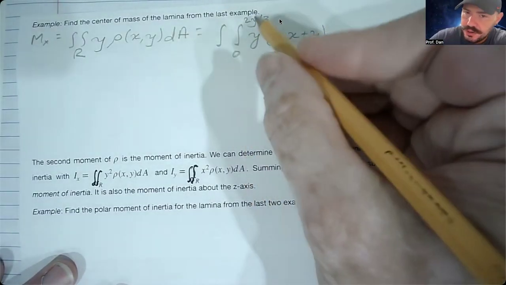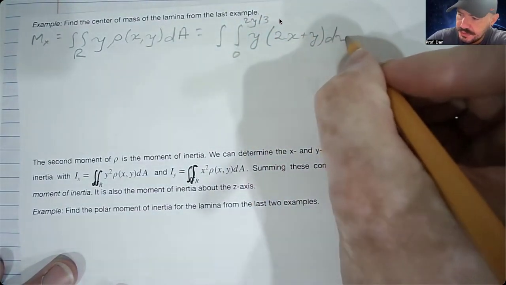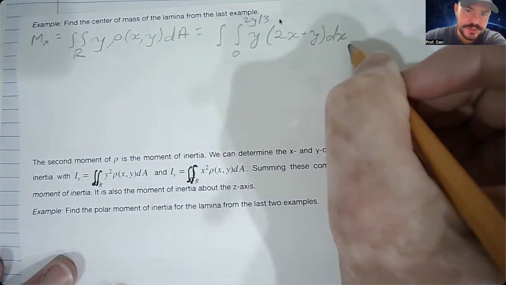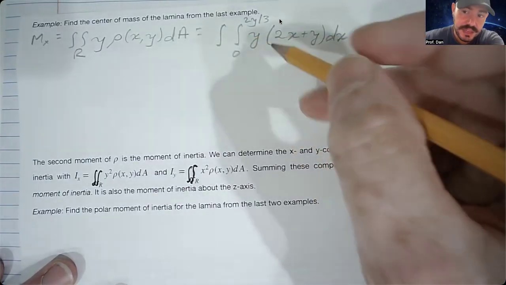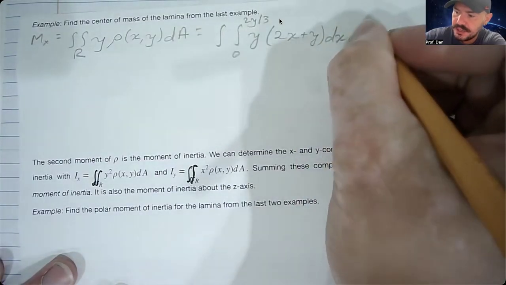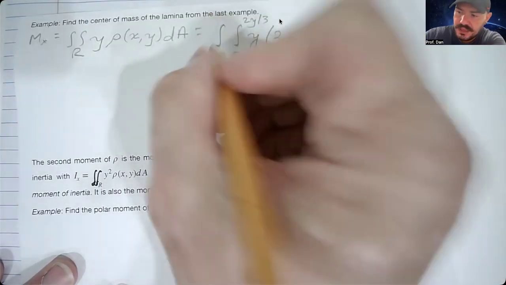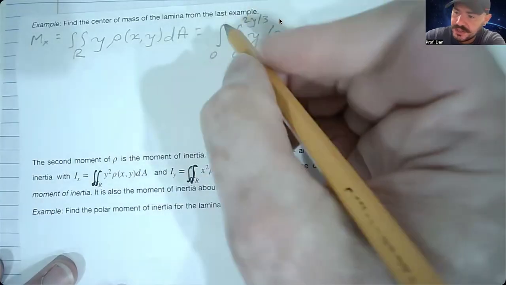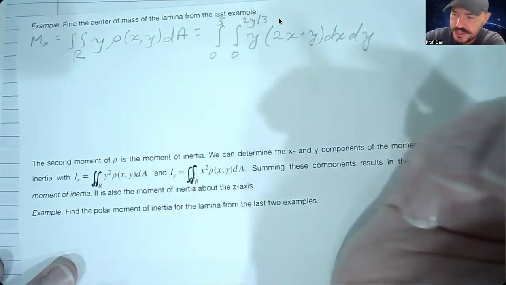And since 0 and 2y over 3 are values of x, we would integrate with respect to x first. Then the outside bounds are going to be values of y. And since we already took the line into account, the y values will just range from 0 to 3.